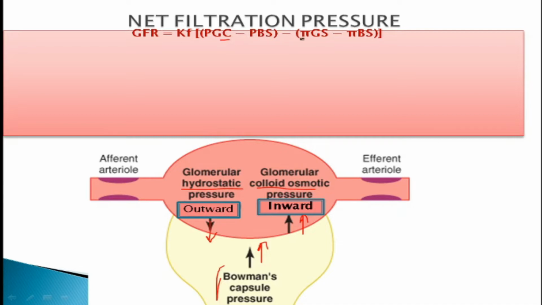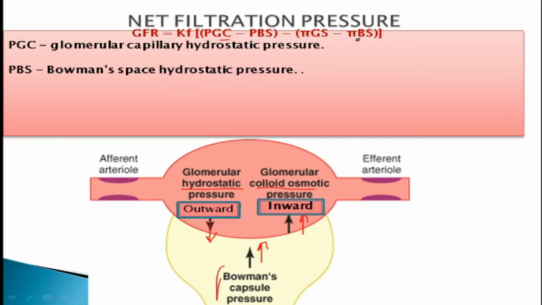This minus colloid pressure in the glomerular capillaries will inhibit filtration, minus colloid pressure in the Bowman space, which will support filtration. So GFR can be defined by this equation, Kf into net filtration pressure, where net filtration pressure is the outcome of these various pressures.